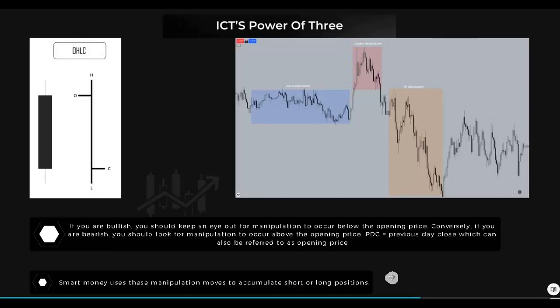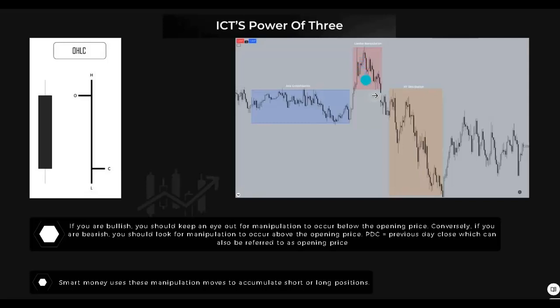All right. Smart money uses these manipulation moves to accumulate short or long positions. When people are buying, smart money is accumulating the long positions in here. And once we arrive at a higher time frame PD array, as described before, in the form of an order block, an FVG, an inverse fair value gap, or any of those other PD arrays, the smart money reverses.